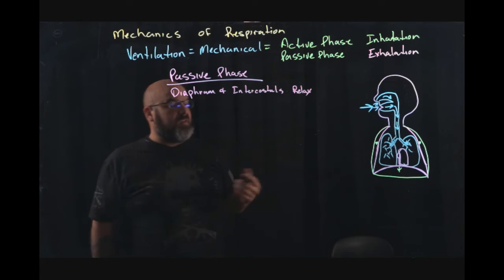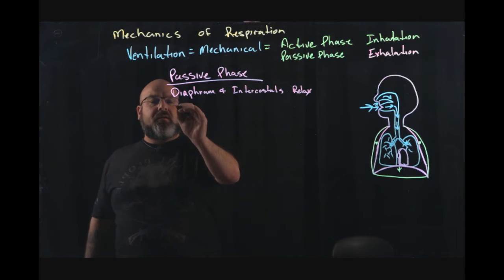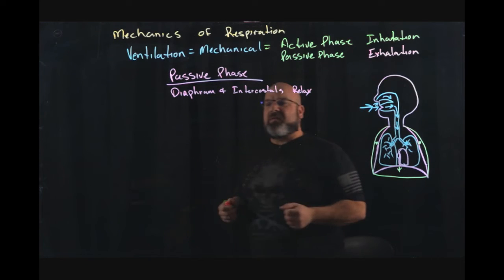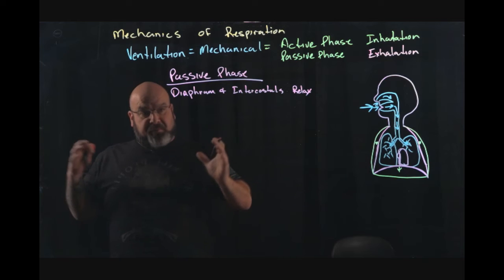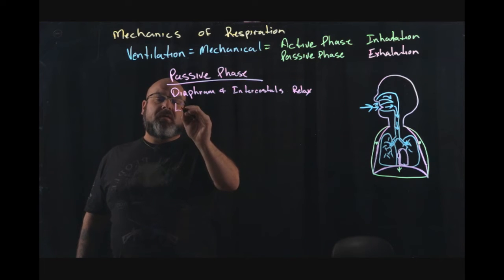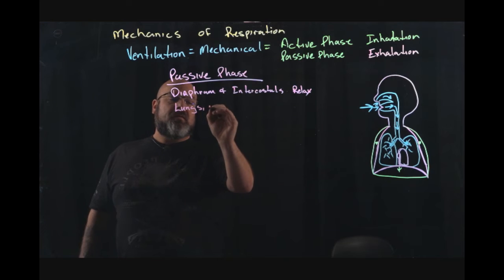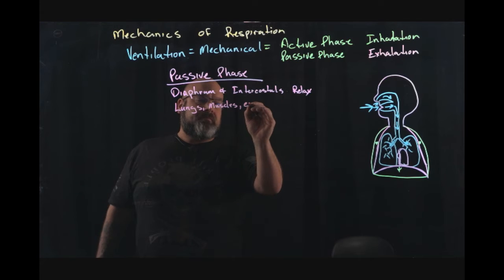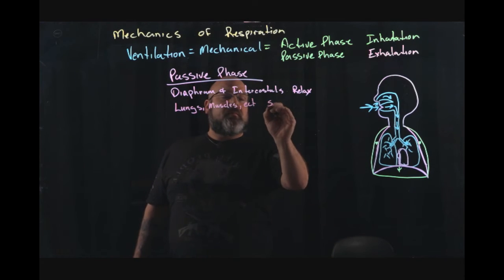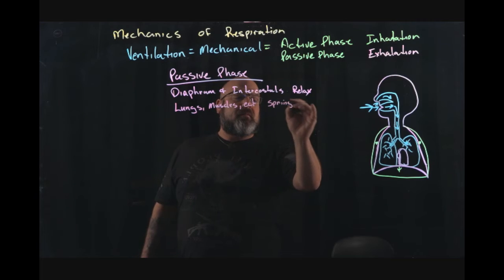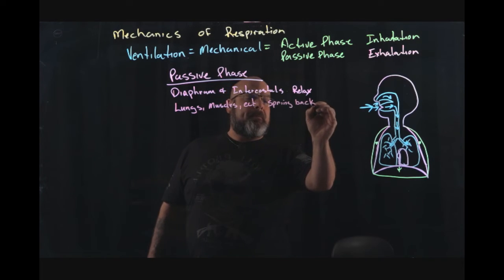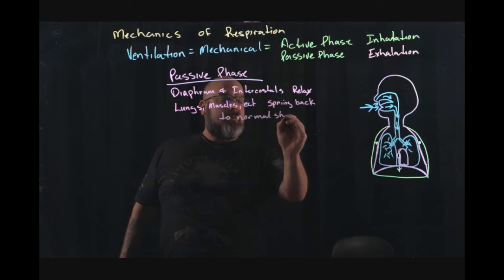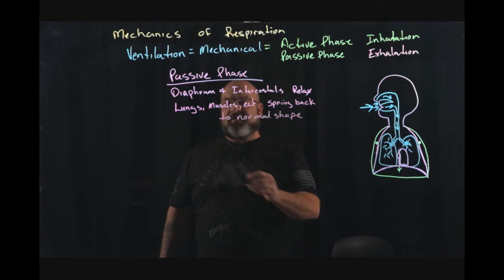The elastic nature of the lungs and the muscles and the tissues within the thoracic cavity spring back to normal shape. And air is forced out.